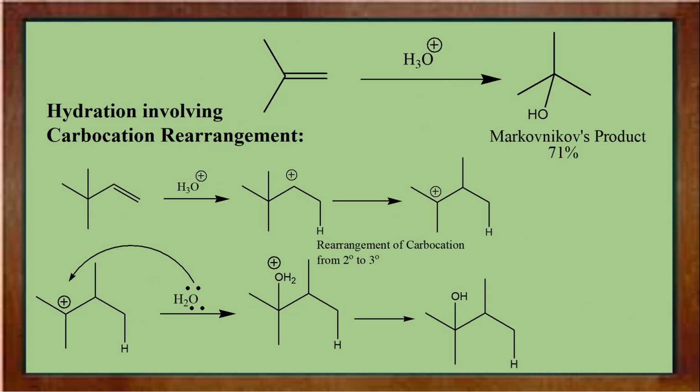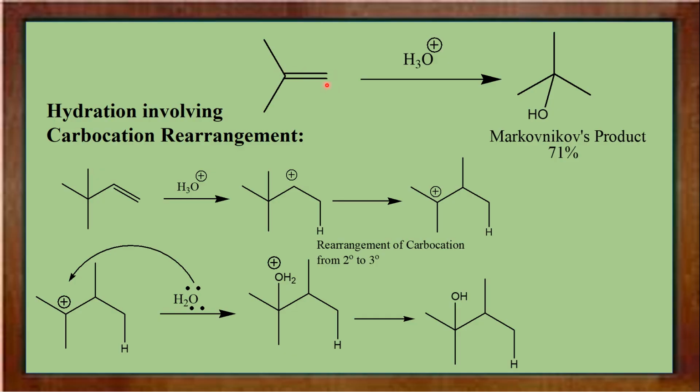Here I have given an example for hydration of an alkene. This is an unsymmetrical alkene with which we are adding a source of electrophile, hydronium ion. The H plus will join with the less substituted carbon, because as the electrophile approaches this double bond, the pi bond breaks to give minus on the less substituted, plus on the more substituted carbon.